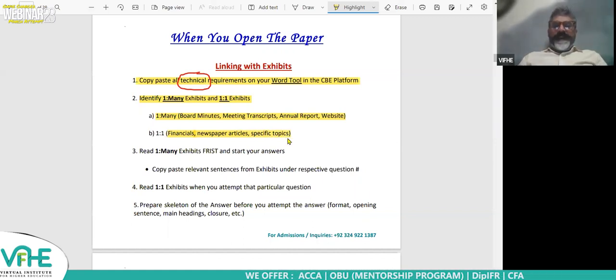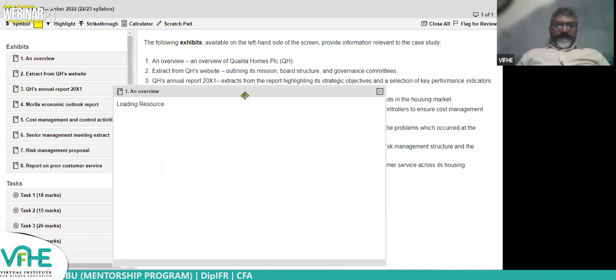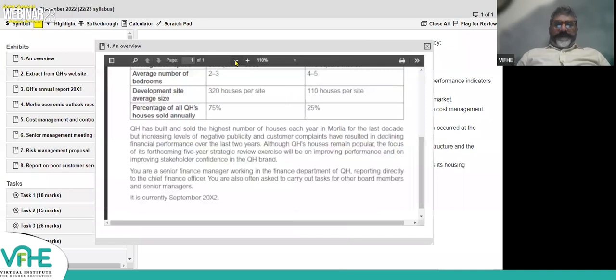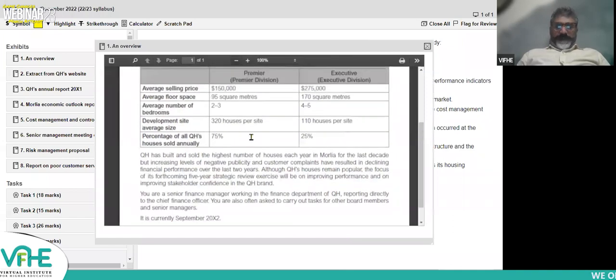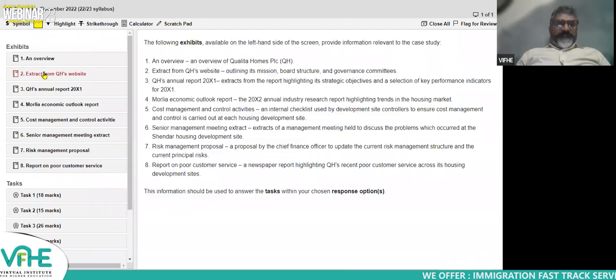Okay, so let's see this question which I have opened. So overview, we all have to read the overview, whether it's 1:1 or 1:many. No discussion on that. So the second, it says extract from the website.